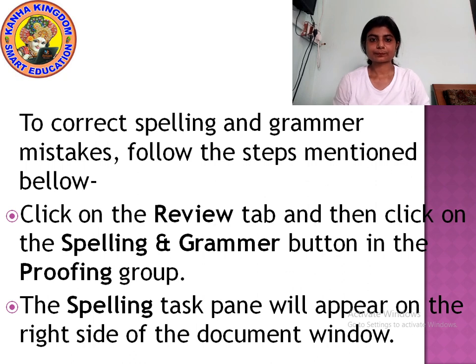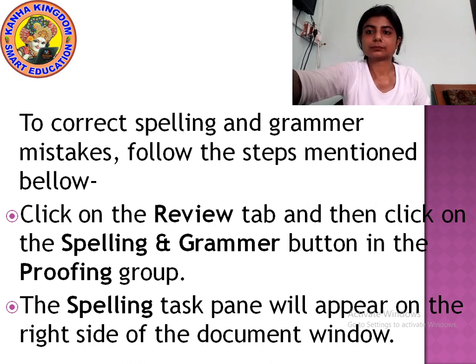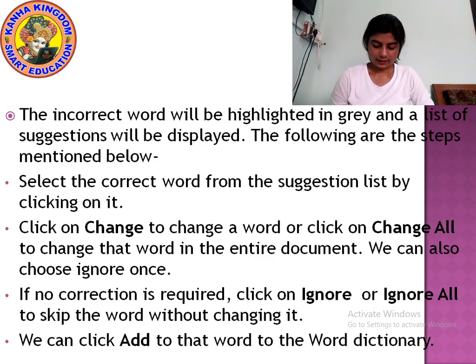The incorrect word will be highlighted in gray and a list of suggestions will be displayed. The word that is incorrect will be highlighted in gray color, and a list of suggestions will be displayed.